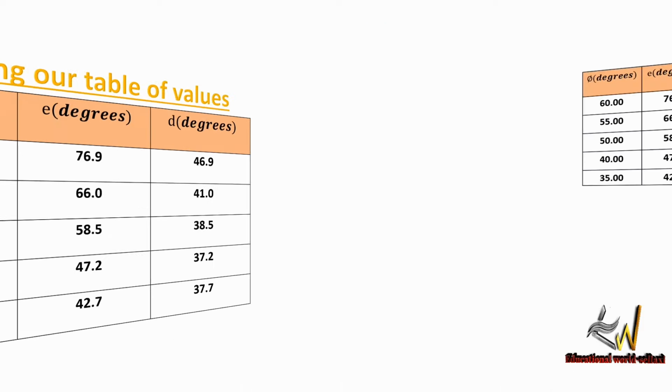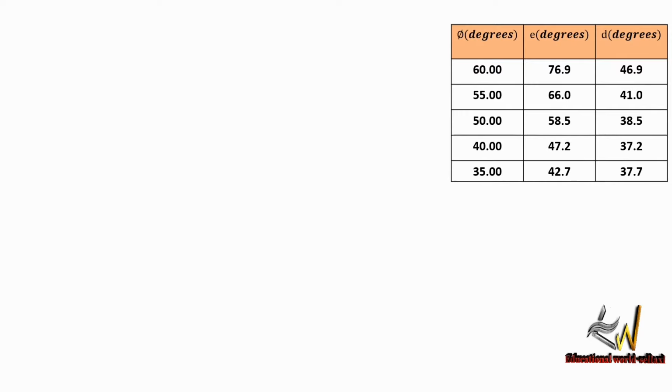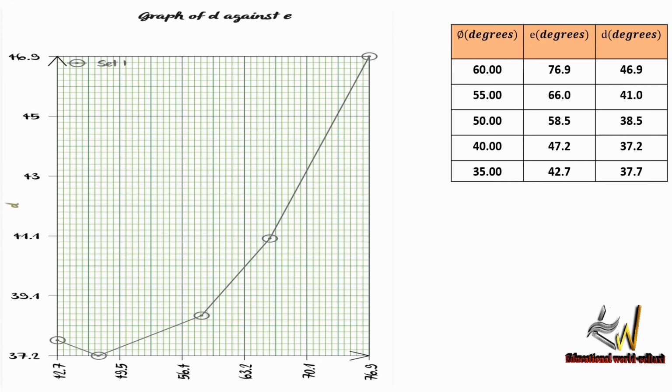So we have computed all our table of values, and you can see the uniform number of decimal places that we have, so your table of values must have uniform decimal places. Then we plot the graph of D against E. It's gonna be a curve.